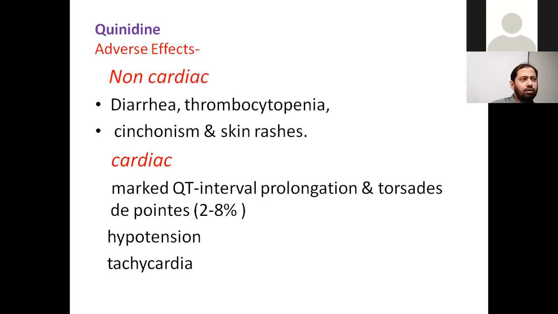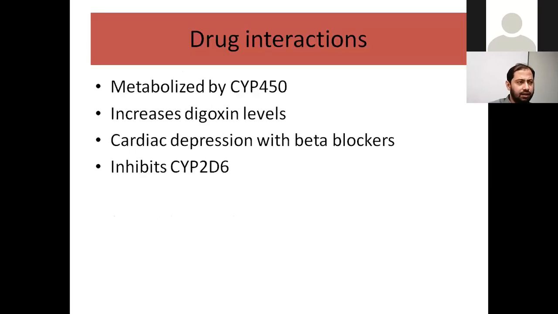Some of the drugs in the 1A group like quinidine will be producing torsades de pointes also. Apart from torsades de pointes, there will be marked QT interval prolongation also, but it is a rare side effect. Apart from this, there will be hypotension and tachycardia also.